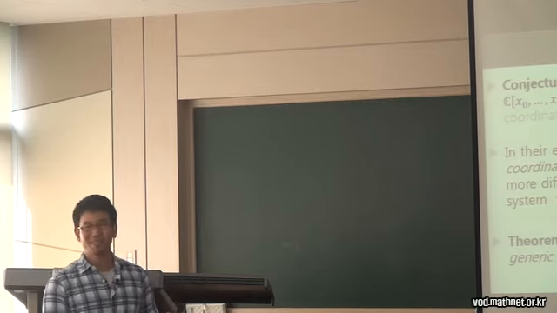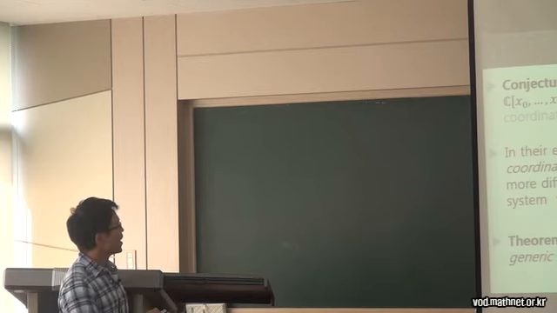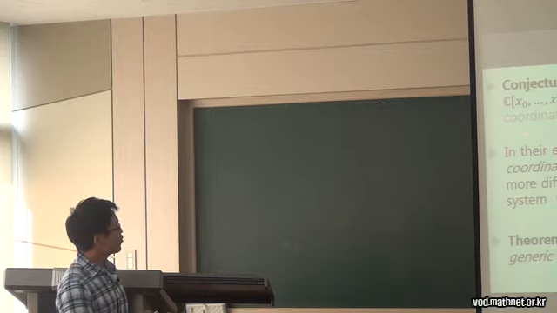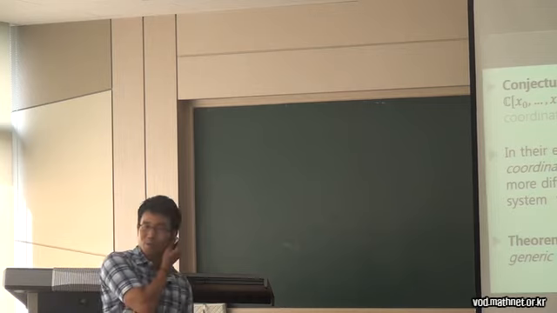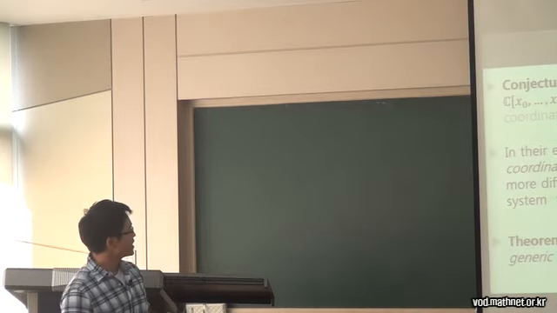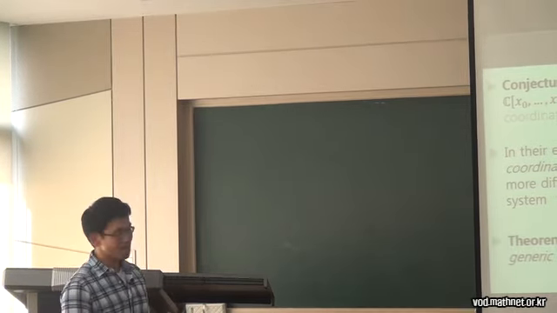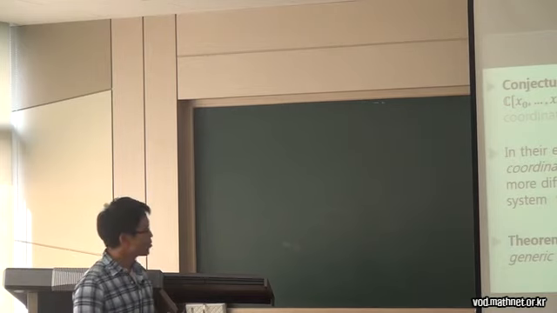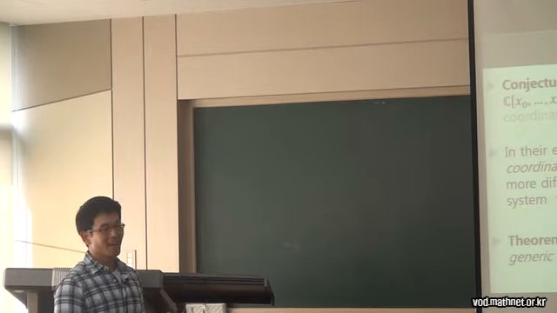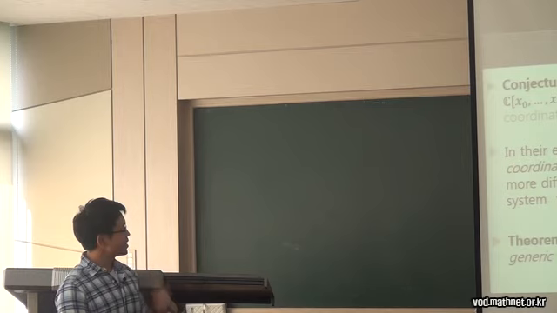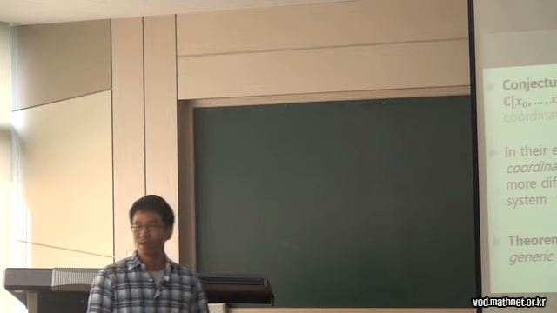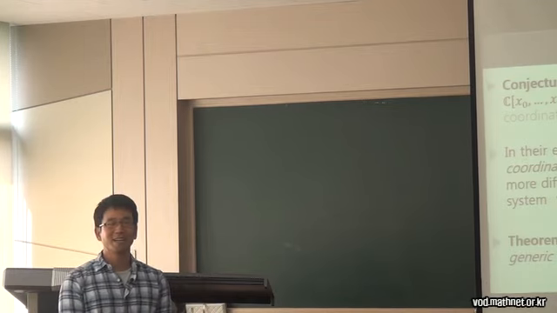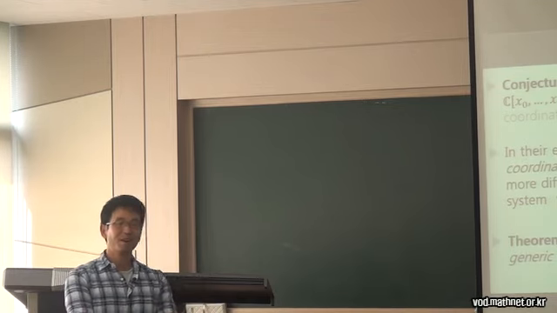If you look at their paper in the Journal of Symbolic Computation, then they show some examples of Gröbner basis computation. And what they show is that in some coordinates, Gröbner basis computation was much more difficult. It involves GB members in very high degree.